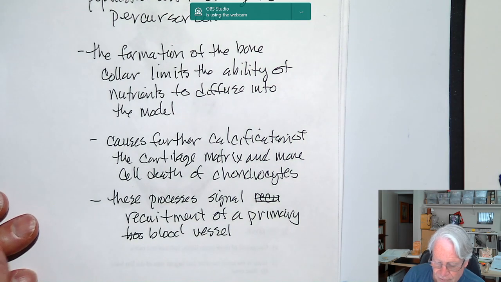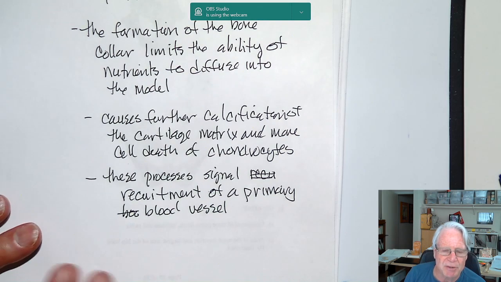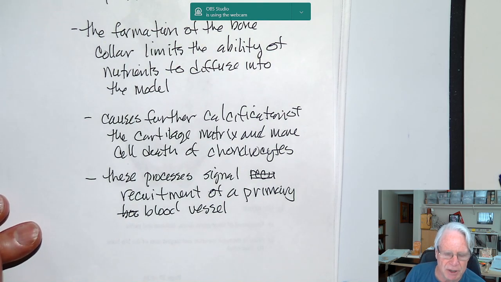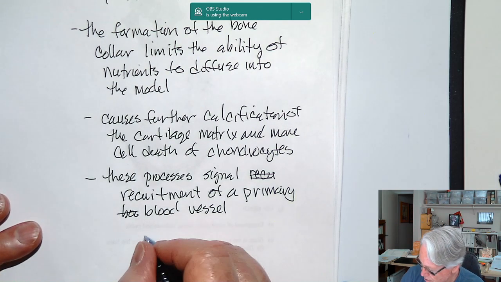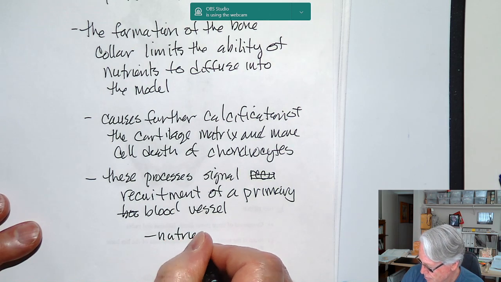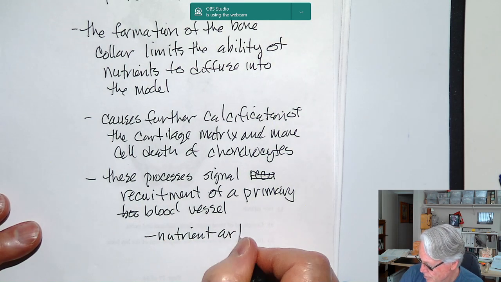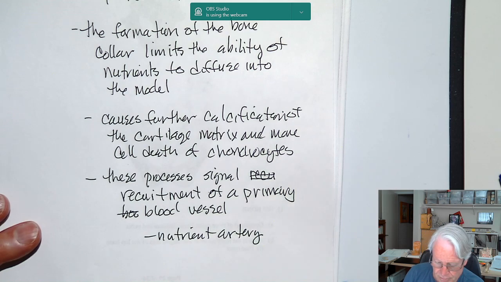Okay. So what is the primary blood vessel in the shaft of a long bone? The nutrient artery. Okay.